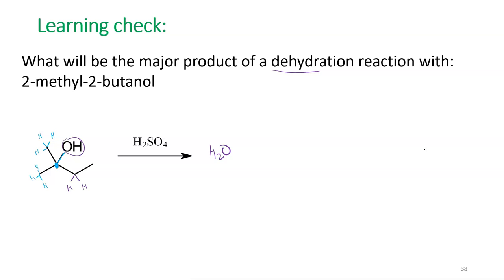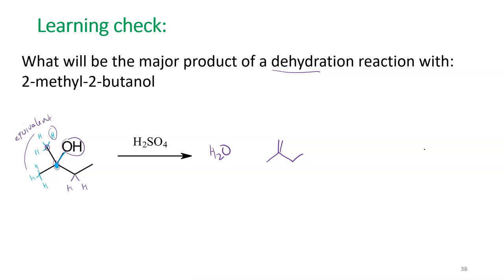Really, these are all equivalent here, because there's a methyl group attached to both sides of that, and if we take one of these, for example, then we would get something like this, where we would draw the double bond between this carbon that's in the blue and the carbon that's donating that proton.